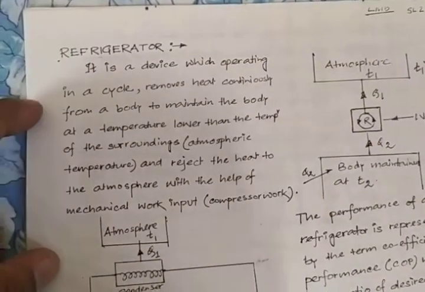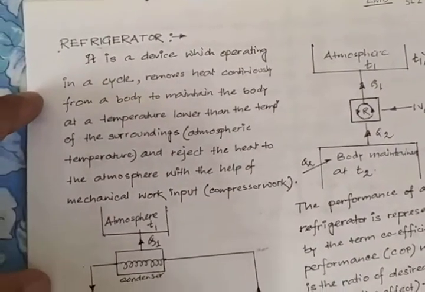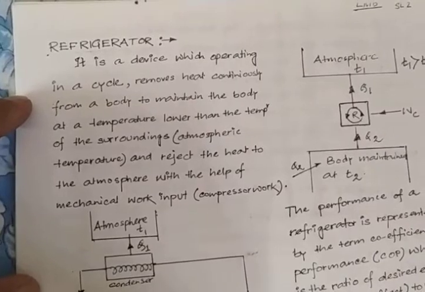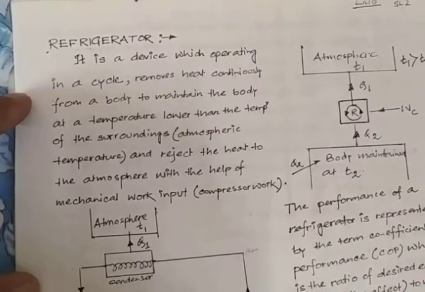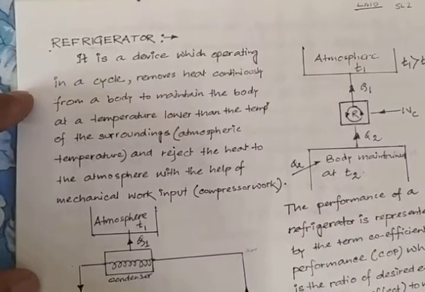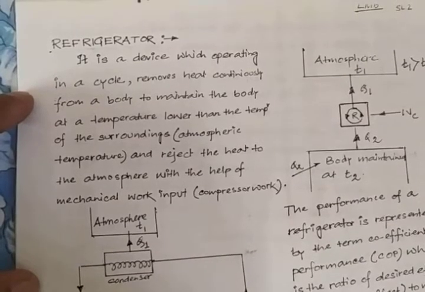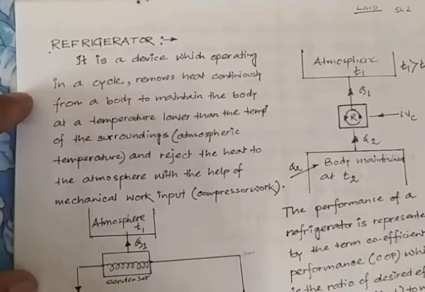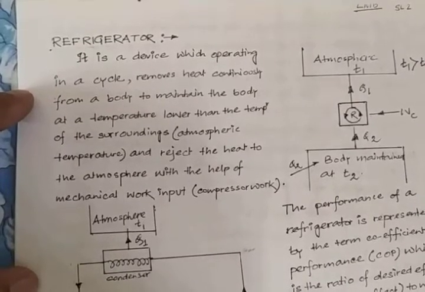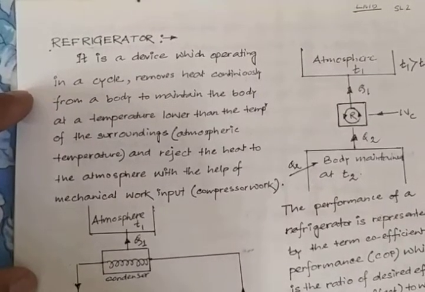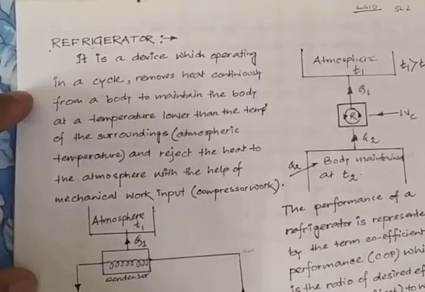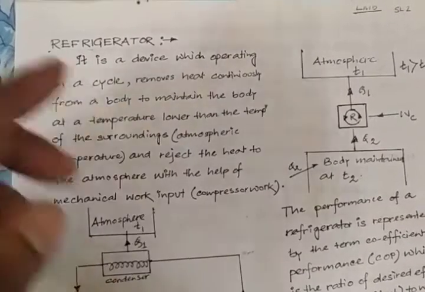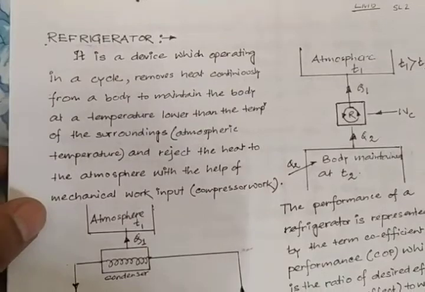A refrigerator is a device operating in a cycle that removes heat continuously from a body to maintain the body at a temperature lower than the temperature of the surroundings, that is, atmospheric temperature, and rejects the heat to the atmosphere with the help of some mechanical work input like compressor work.